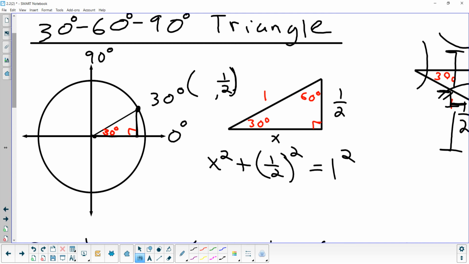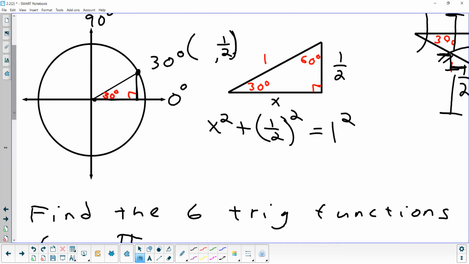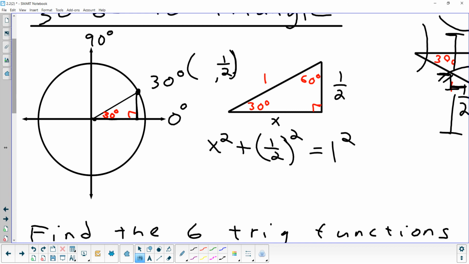In this case, it doesn't make a difference, but if it was anything other than 1, that would be very important. All right. So we've got x squared plus, what's 1/2 squared? Which means half of a half. 1/4 equals 1.